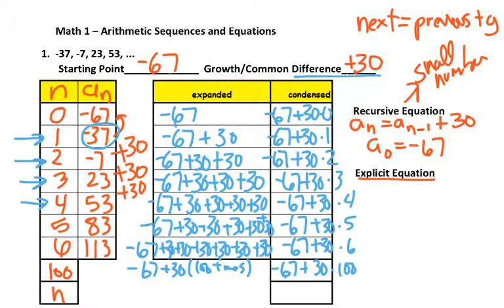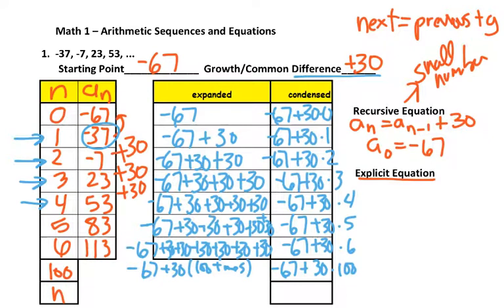So what we should notice here now is, see these numbers here on our input? Because like we said, the explicit connects the input to the output. See, we've got all those numbers. That's how many 30s we have. I can see it again right there. 0 here, 0 there. 1 here, 1 there. 2 here, 2 there. 3 and 3, 4 and 4, 5 and 5, 6 and 6, 100 and 100, and n.